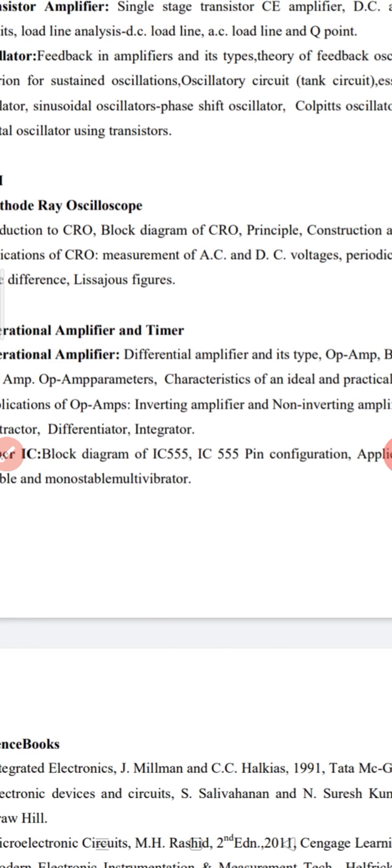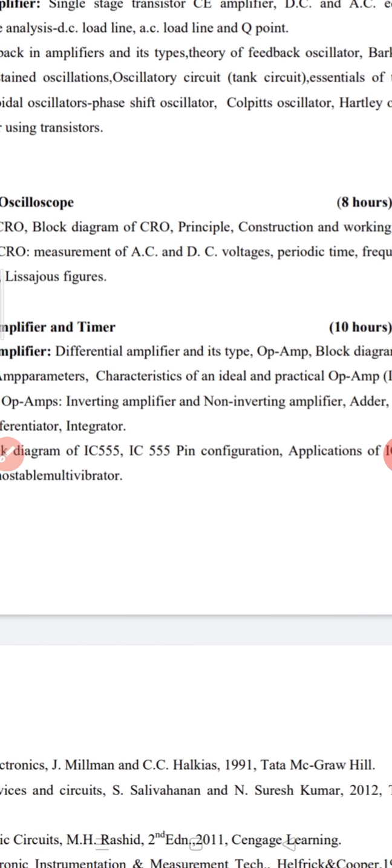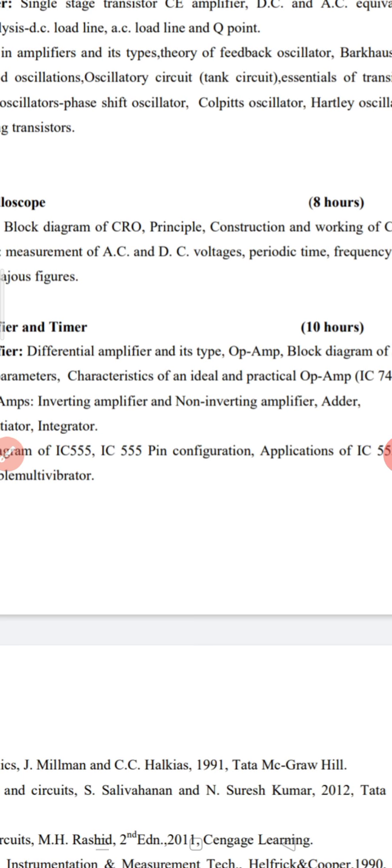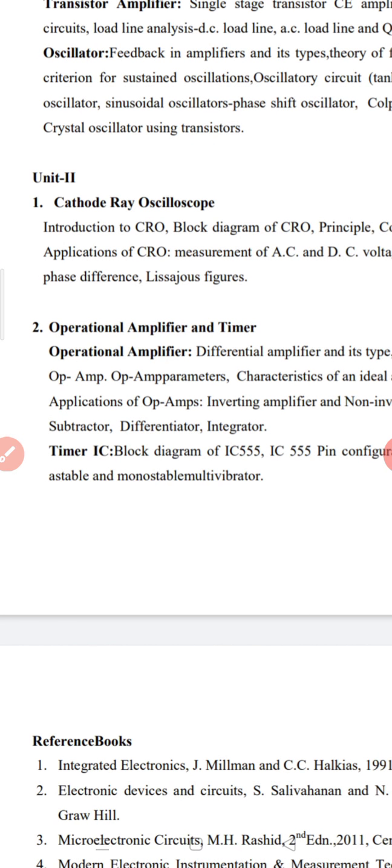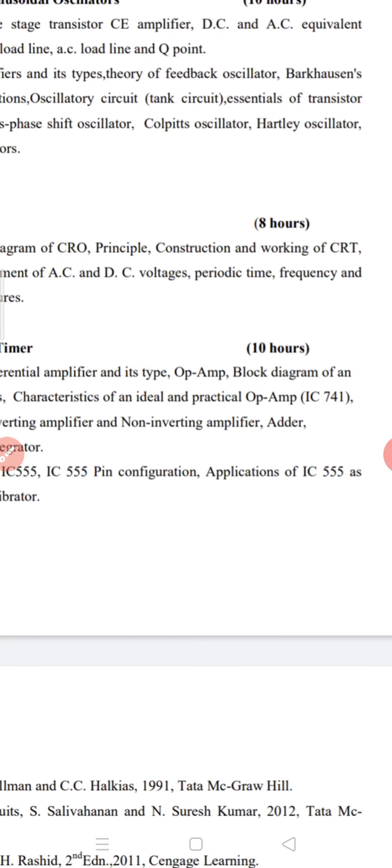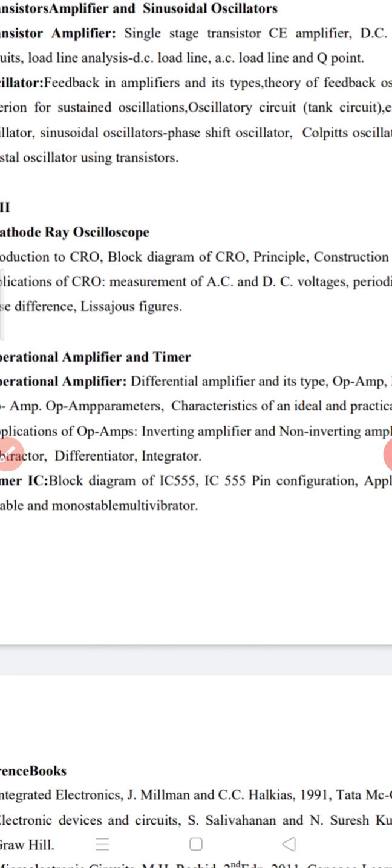There are many uses of operational amplifiers, but the basic uses are inverting amplifiers, non-inverting amplifiers, adder, subtractor, differentiator, and integrator. First we see how we do amplification, which is the most important thing.